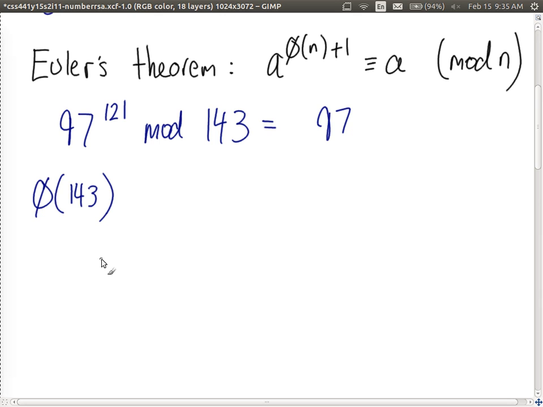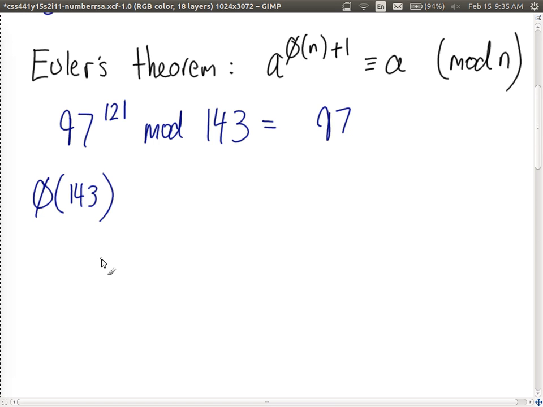The other shortcut: the totient of a number which has 2 prime factors is equal to the totient of those 2 prime factors multiplied together. So the shortcut: find the 2 prime factors of 143. Find the factors of 143. Then you'll see.